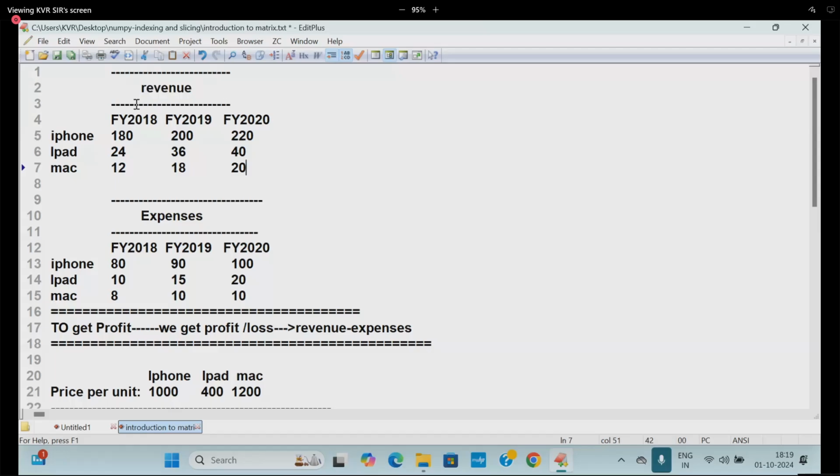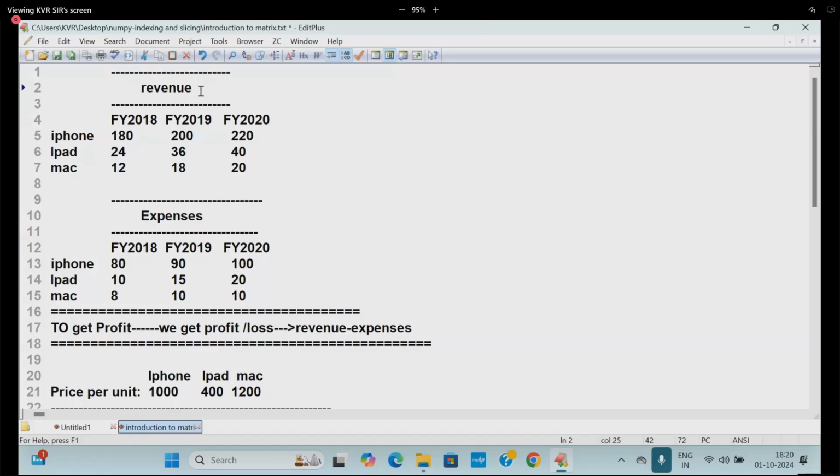So here revenue is a file. There I am having iPhone in financial year 2018, 180 units. That is called revenue, students, what you got. Maybe you take it in terms of rupees, or dollars, whatever currency you want, you can take it.